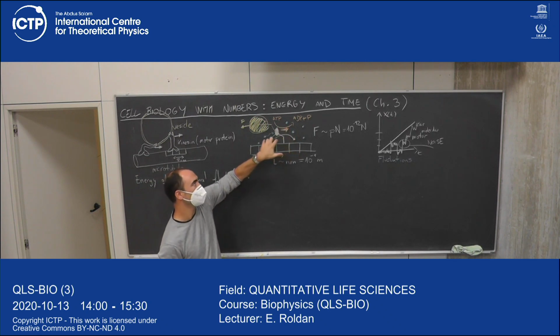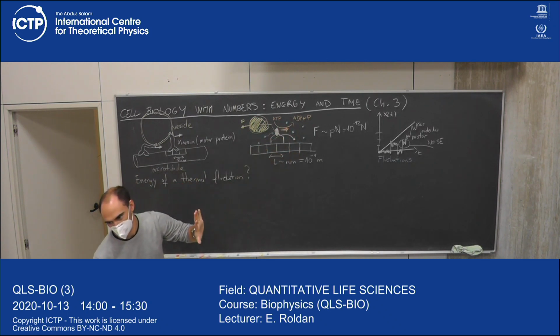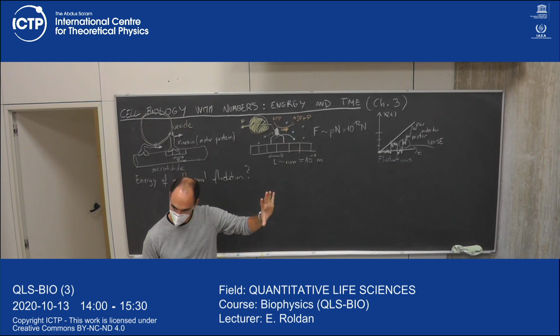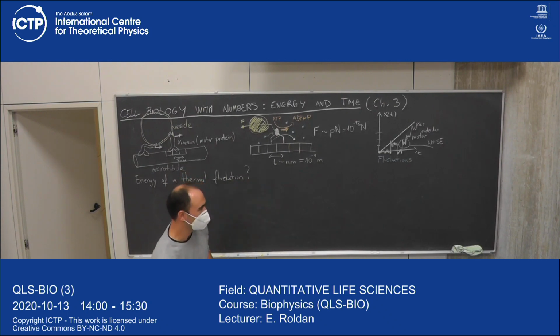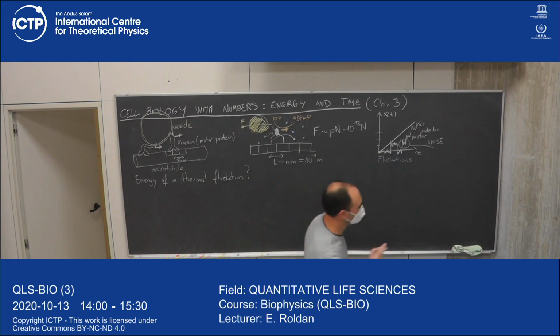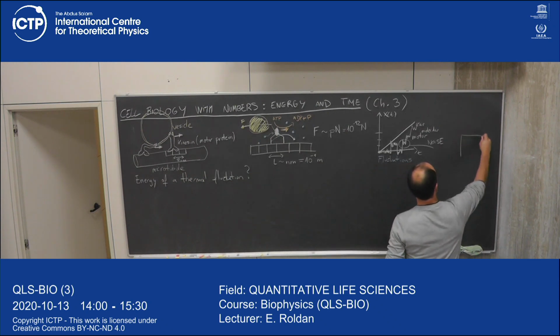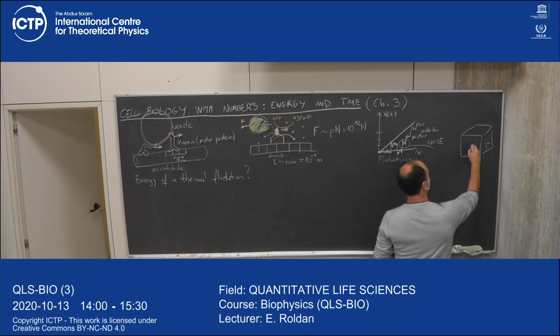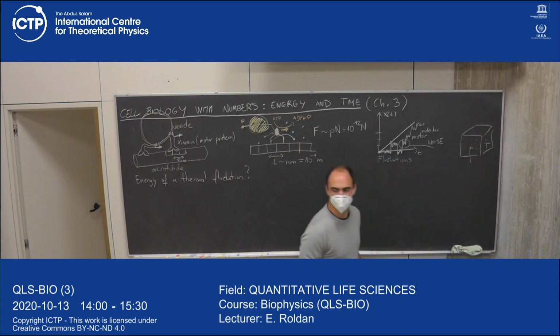So what is the energy of one of these molecules? What is the typical energy of one of these molecules? Number. This is a bath in equilibrium. I think you had lectures of statistical physics. So you have, let's say, a cube and you have a lot of molecules in a thermal bath at temperature T. What is the typical energy of one of these molecules?